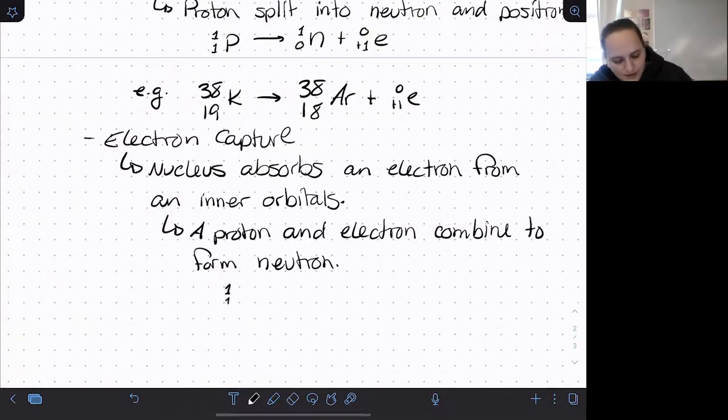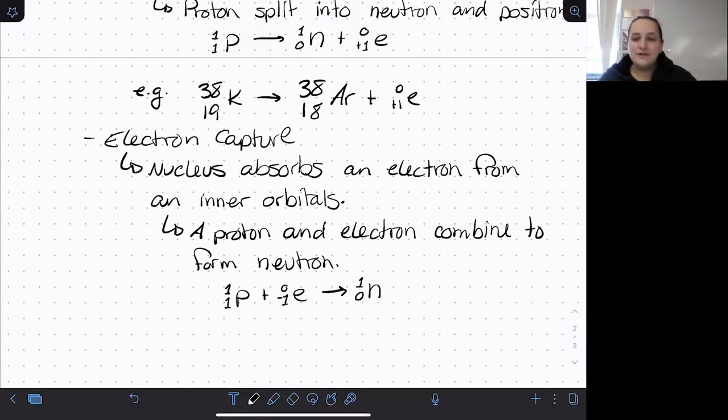So we're taking a proton and that electron that's being captured, it's kind of being eaten by the proton. And the positive charge from the proton and the negative charge from the electron neutralize one another to get a neutrally charged neutron. Mass is still 1 because we started with the proton, which has a mass of 1, and the electron, which has a mass of essentially 0.